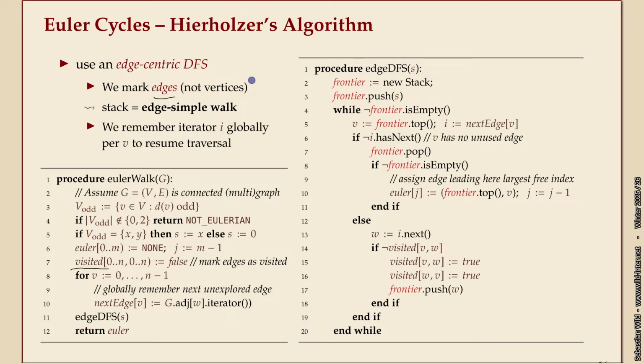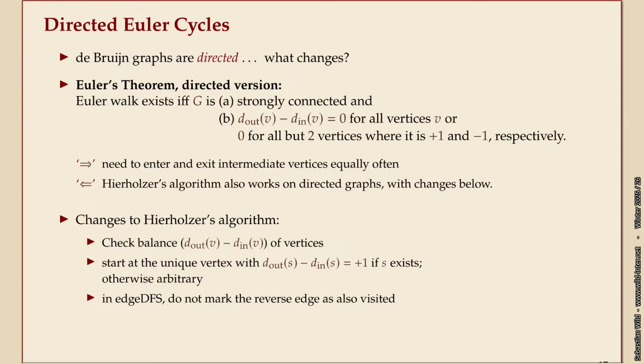All of this was for undirected graphs. That's how you usually introduce Eulerian cycles. For our De Bruijn graph, we need this in a directed graph, which maybe sounds like we have to do all the work again, but there's only very minor changes that are needed.